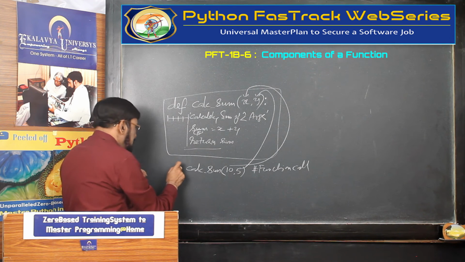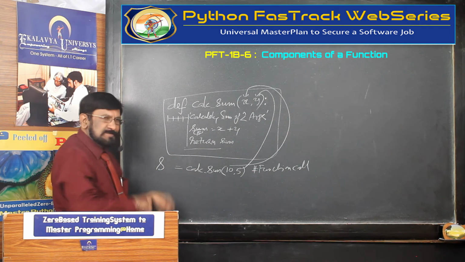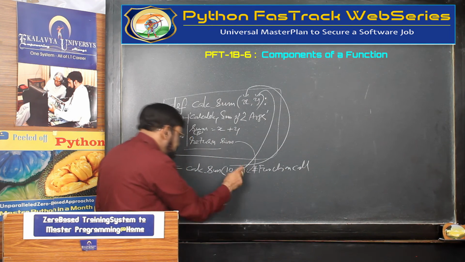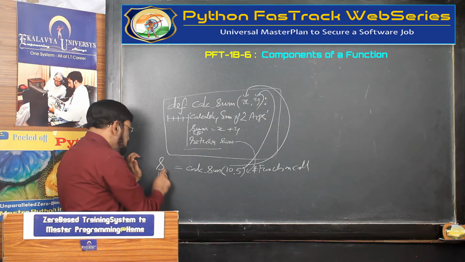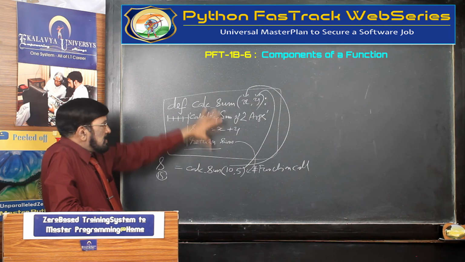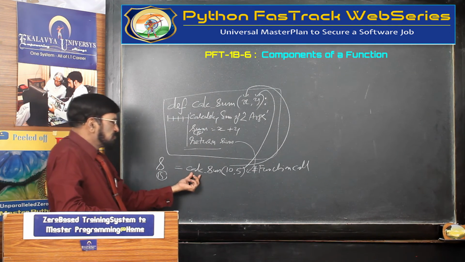is returned. Now what do you have to write? You have to write a variable, s. Actually what happens? It returns, no? Again it comes. Then the 15 value is stored here. Once again I am telling you, this is a function definition. It is like a machine, and this is like a switch.